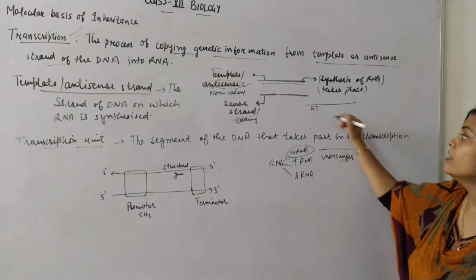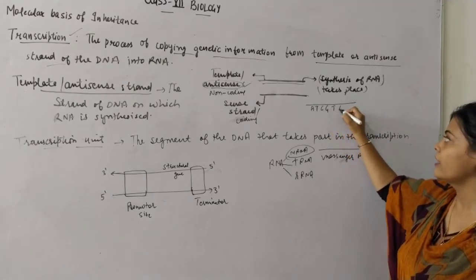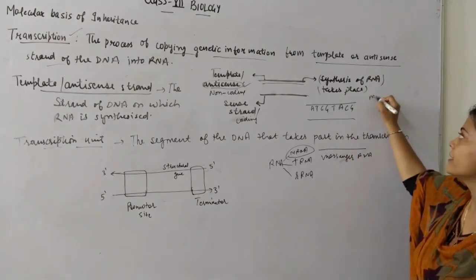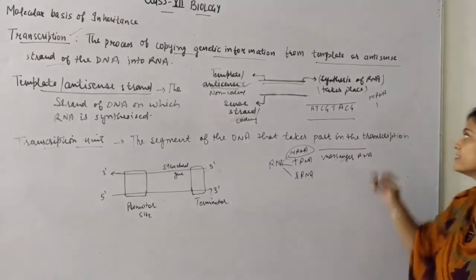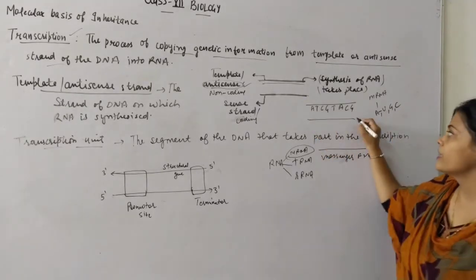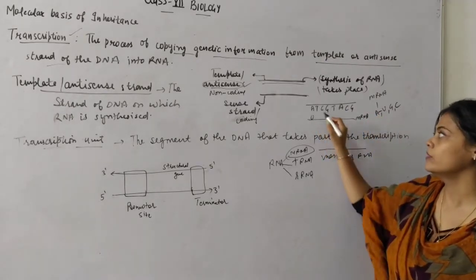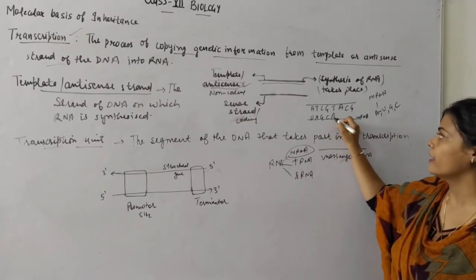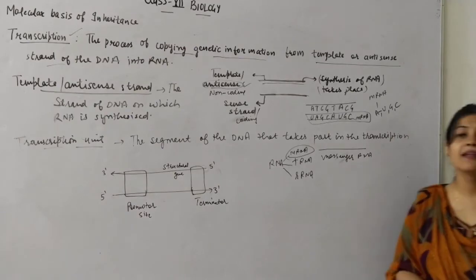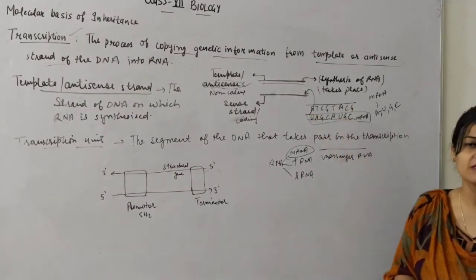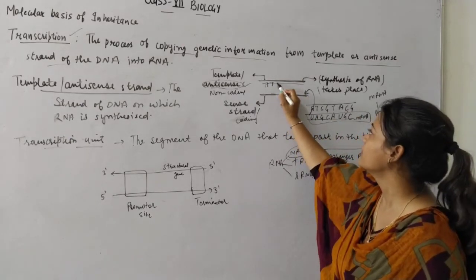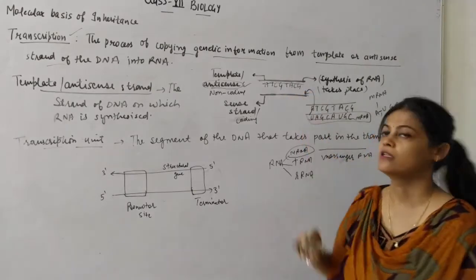For example, I have a strand of DNA. I have taken this strand, तो यहाँ पे क्या था A, T, C, G, T, A, C, G. This is one of the strands of DNA.